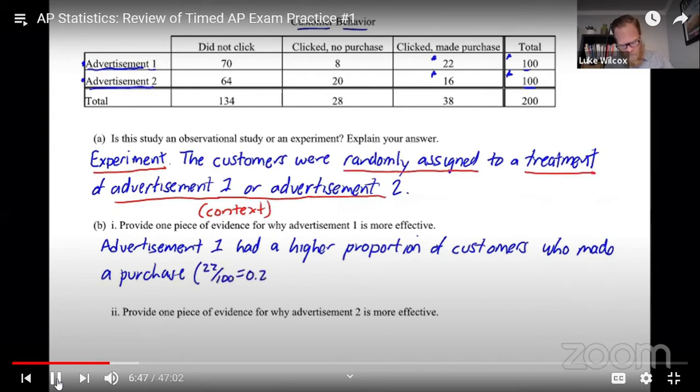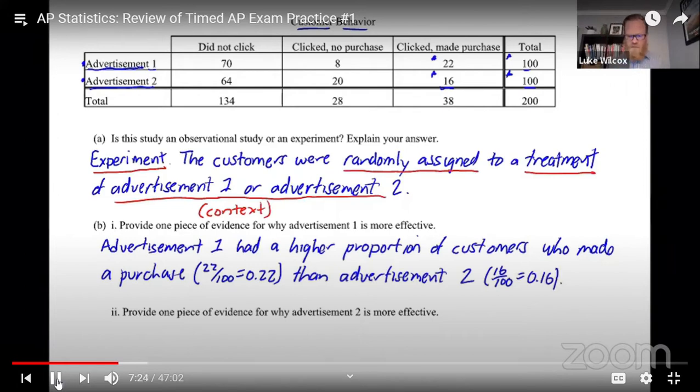And if we were to write that as a proportion, it would be 0.22. And the proportion of customers who made a purchase is higher than the proportion for advertisement 2. So higher proportion of customers who made a purchase than advertisement 2. And then let's also give numerical justification for advertisement 2 here, which we know is, let's see, 16 out of 100, which if we write that as a proportion is 0.16.